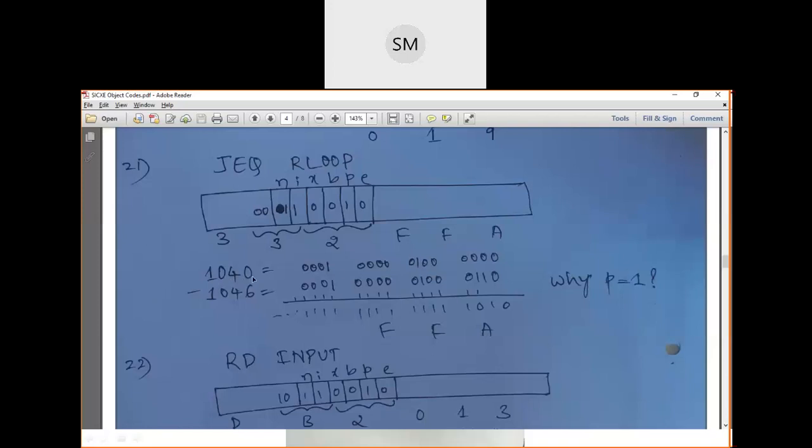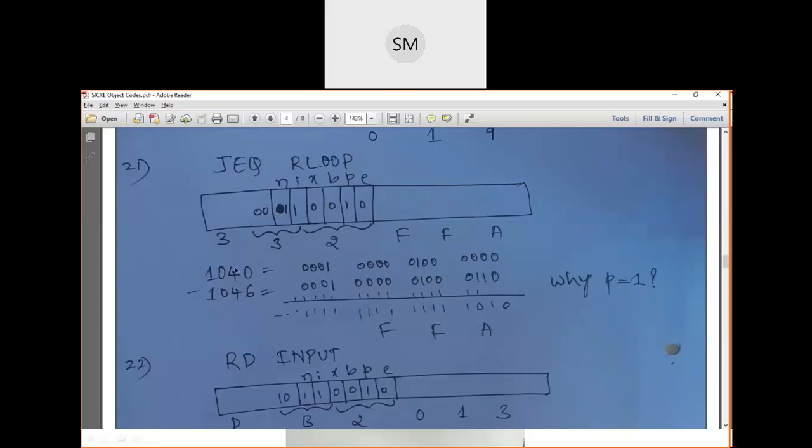What is this 1040? It is the address of RLOOP. Okay, its address is 1040. But the content of the register PC is 1046. It means the next instruction to be executed after JEQ is RD, whose address is 1046. So you can see here you will get a negative value.